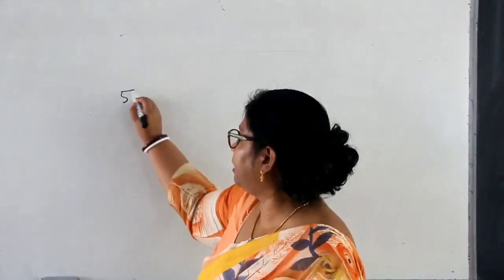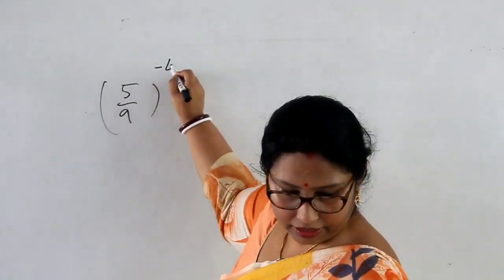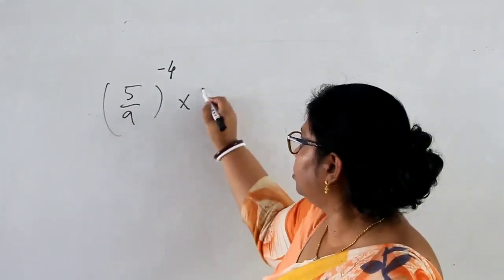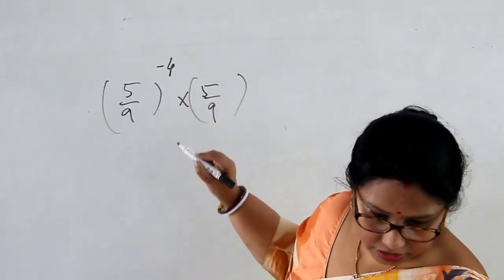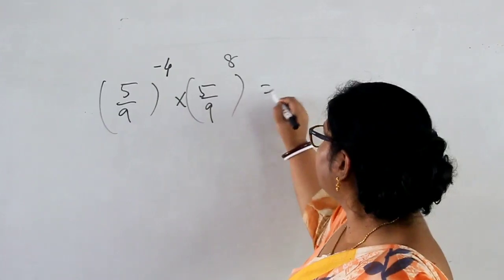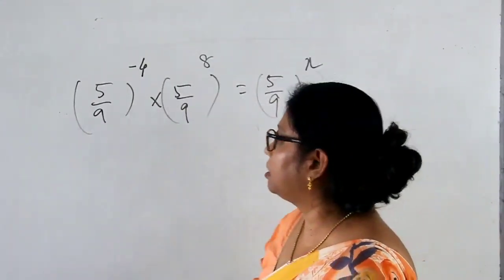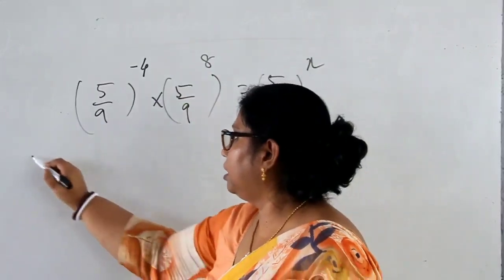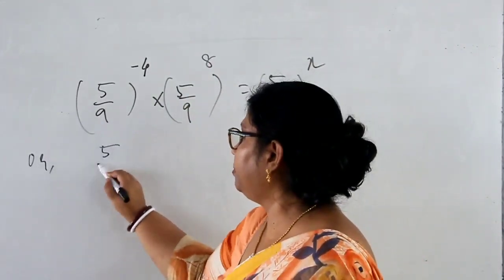One more example we are going to discuss. 5 by 9 to the power minus 4 into 5 by 9 raised to the power 8 is equal to 5 by 9 raised to the power x. Solving for x, we are going to start with the laws of indices.